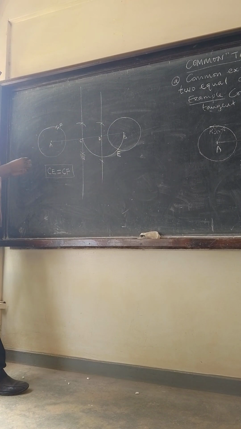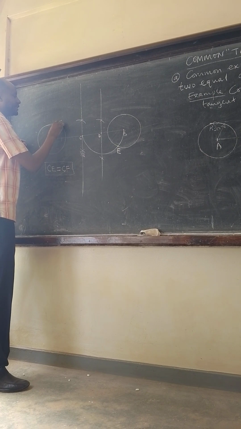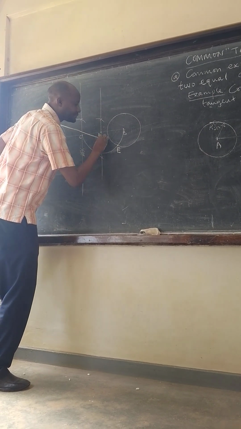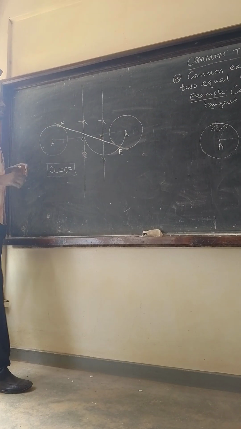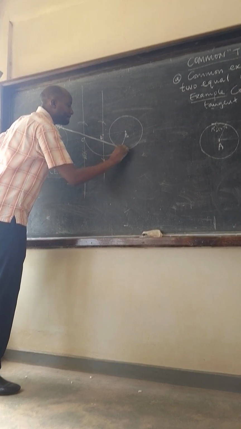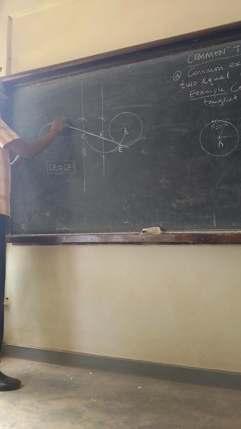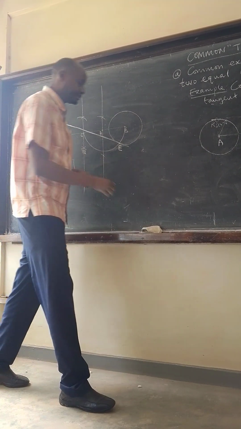So the answer now is EF. This is the tangent. Finally, draw that tangent. The one you have there in the notes, you can always read through in case you did not.